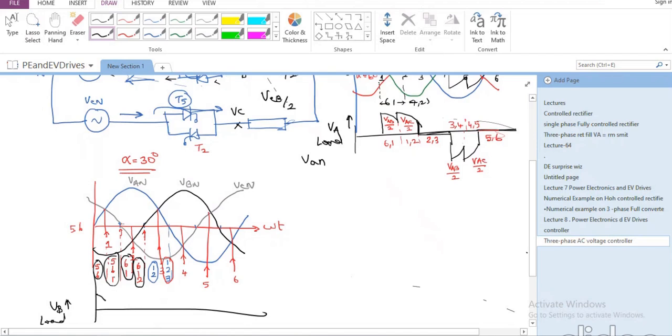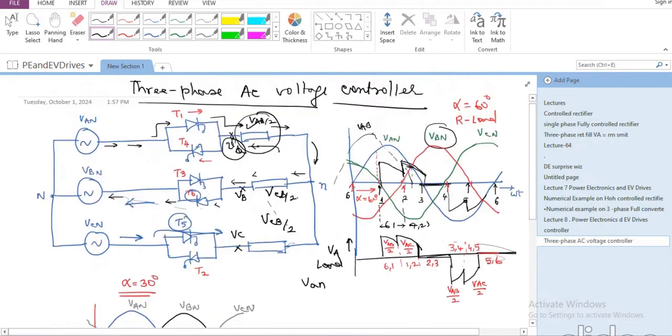Whereas after that, 5, 6, and 1, all three are conducting. If 5, 6, and 1 are all conducting, it is as good as three-phase voltage is applied to the three loads. So VA will appear across this, VB will appear across this, and VC will appear across this.